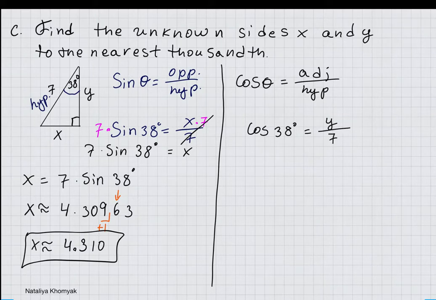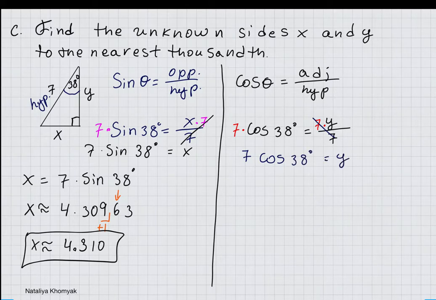We are solving for y and it's being divided by 7. The opposite is to multiply by 7. Whatever you do to one side, you want to do the same thing to the other side. 7 and 7 cancel, and we have 7 cosine of 38 degrees equals y.